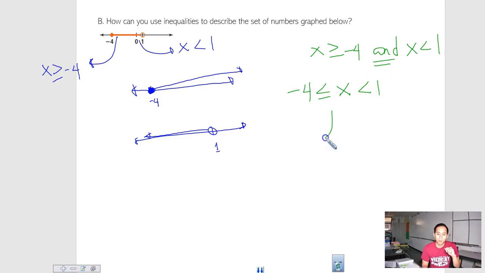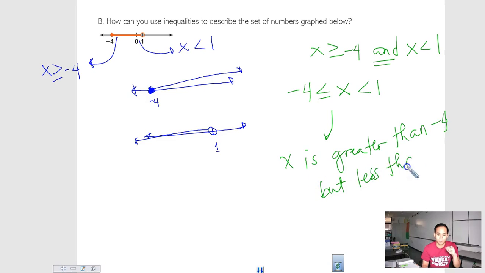So we can read this as x is greater than or equal to negative 4 but less than positive 1.